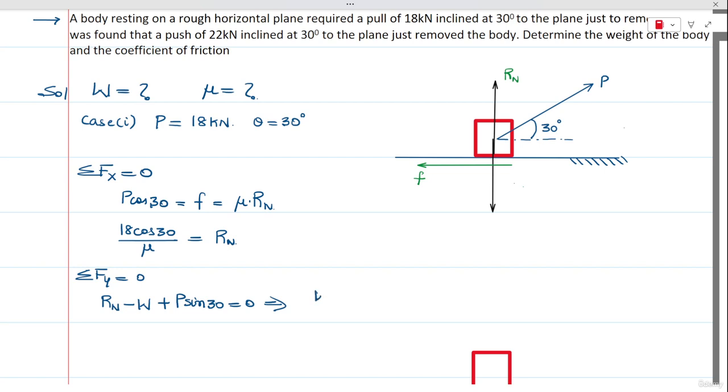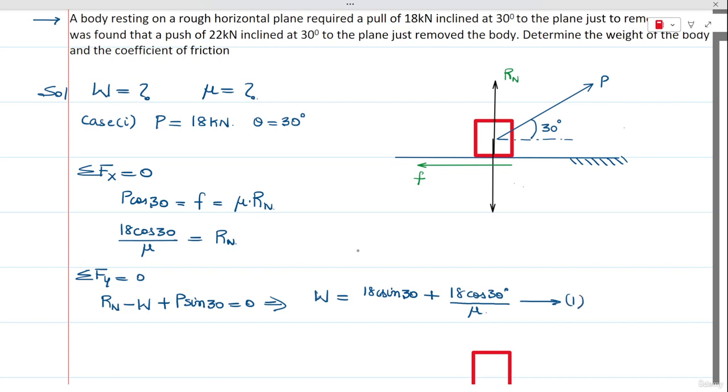So we can write W is equal to 18 sine 30 plus 18 cos 30 by mu. Here mu is in the denominator of only 18 cos 30. This would be equation 1.